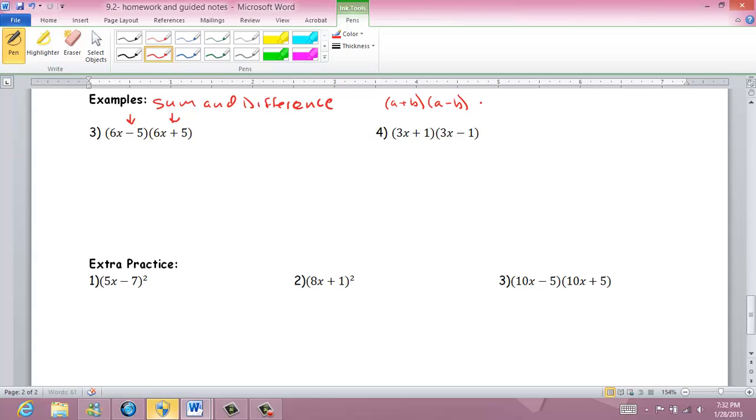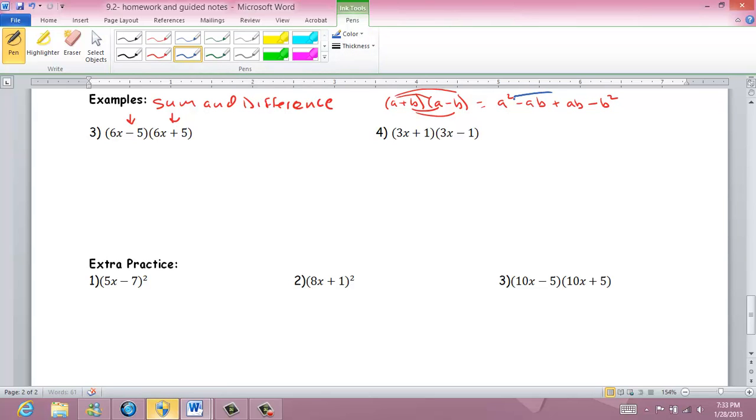When I multiply the first two terms, I would get a squared. If I multiply first and last term, I would get minus ab. So a squared minus ab plus ab. Now that would be ba, but multiplication is commutative, so it doesn't matter about the order, so I'll keep it in alphabetical order. And b times negative b is minus b squared.